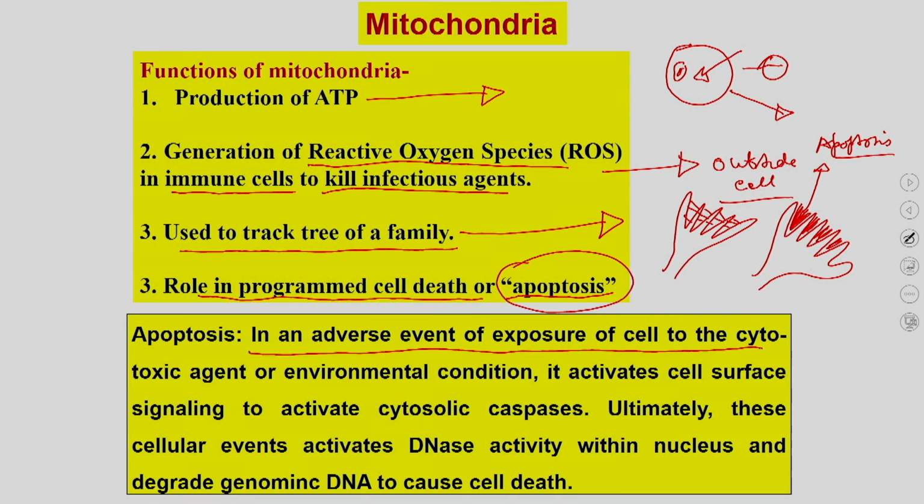In an adverse event of exposure of the cell to a cytotoxic agent or environmental condition, it activates cell surface signaling to activate cytosolic caspases. Ultimately, this cellular event activates DNases. These DNases degrade the DNA present in the nucleus, and once the genomic DNA is degraded inside the nucleus, it eventually leads to the death of the cell.